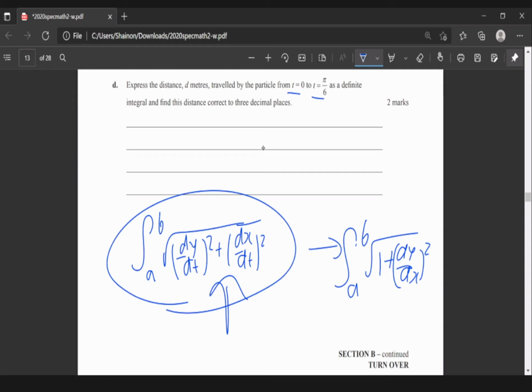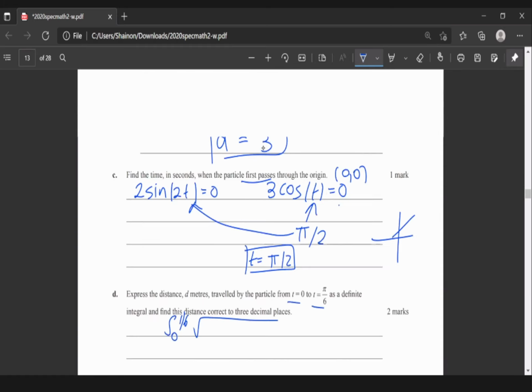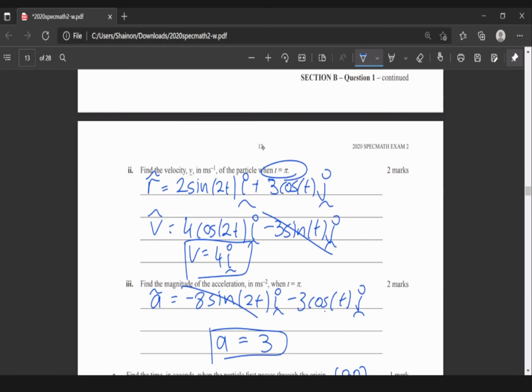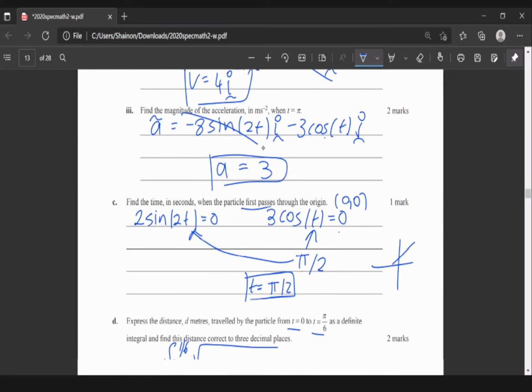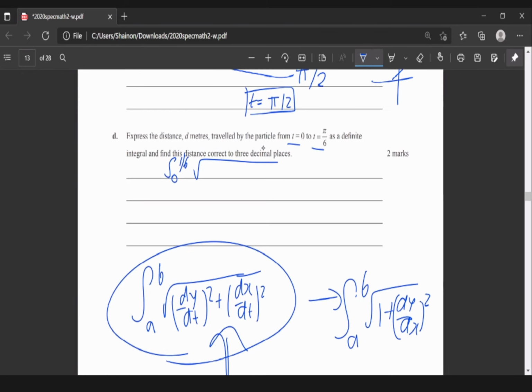So it's the integral from 0 to pi/6 of root of 4 cos 2t squared plus negative 3 sine t squared dt.